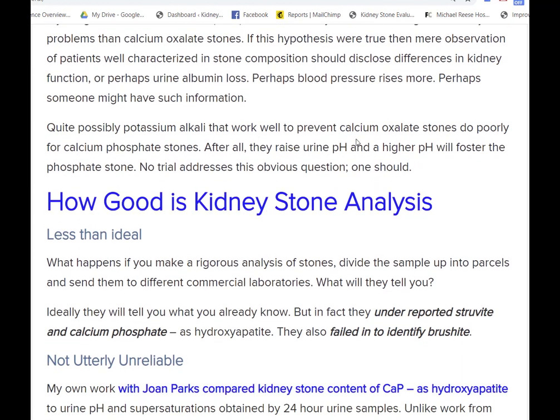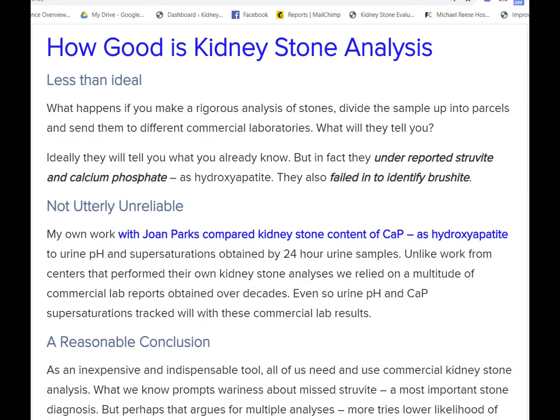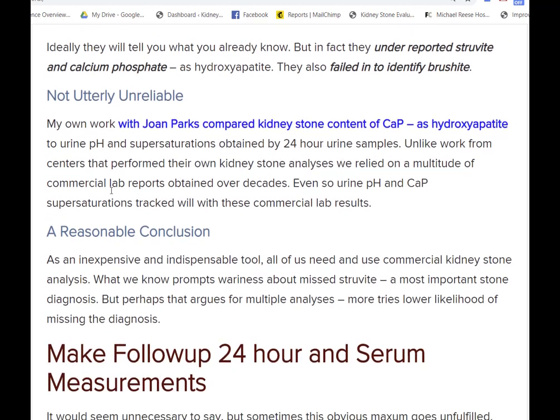It would raise your treatment energies. Also, potassium alkali may be very good for calcium oxalate stones. They may not do well for calcium phosphate stones. Never been a trial. So you need to know about changing stones. Stone analyses are not the greatest thing. I quoted here a link for a really great paper on the failures of stone analysis.